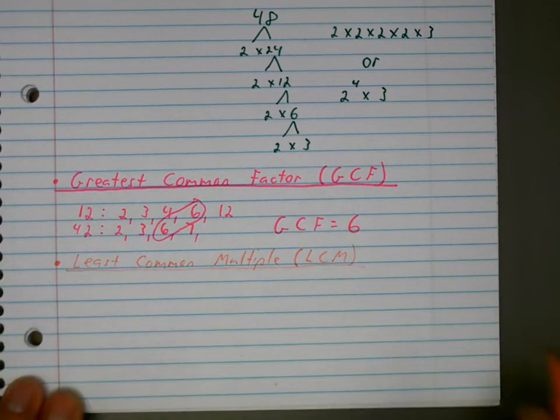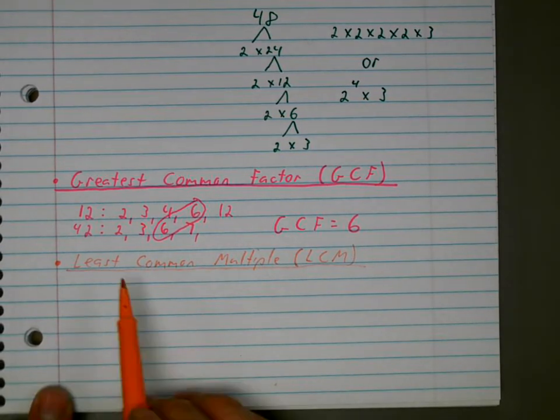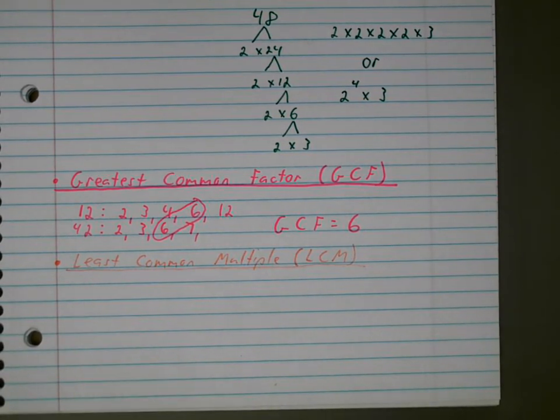If we break this down a little bit, least would be smallest. Common, again, is something that occurs frequently. And multiple, if you have multiples of things, it means more than one.